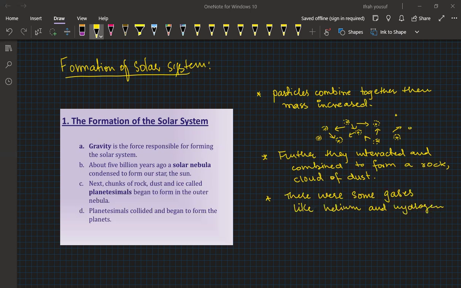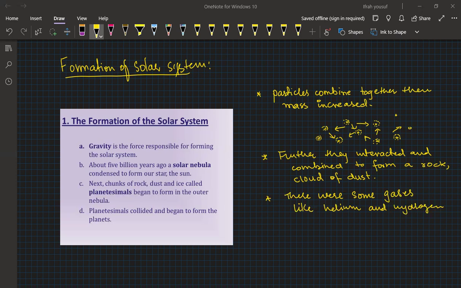So what was the starting point? There were gases and dust, and most of them were hydrogen and helium. And then the nebula was being formed.